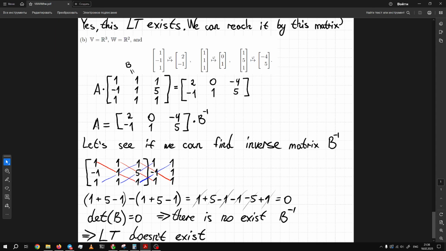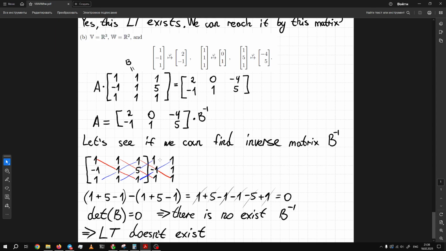We need to find some A, and we can check whether it exists, because if we try to find the inverse matrix, then we will see that the determinant is equal to 0, so B to the power of -1 does not exist.